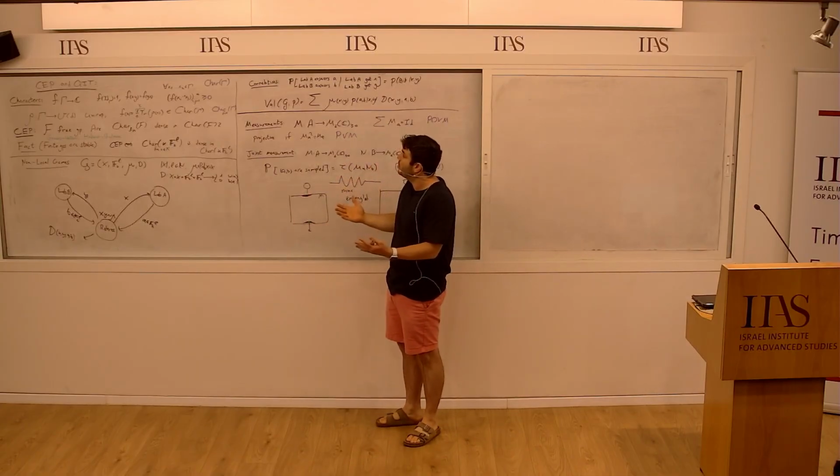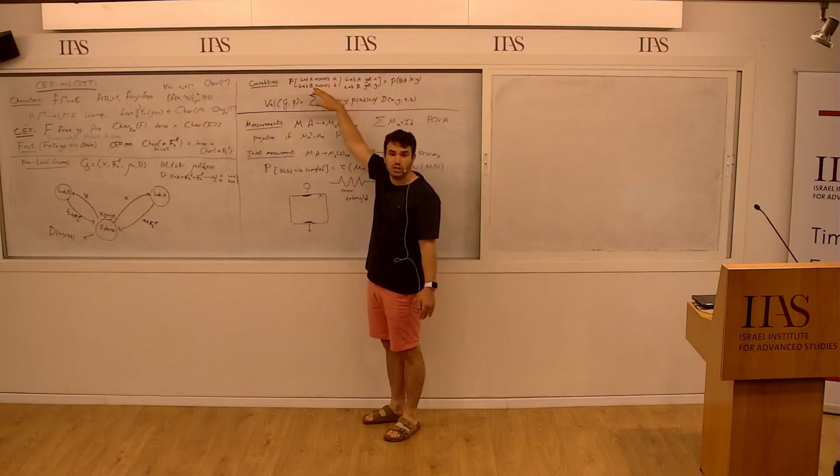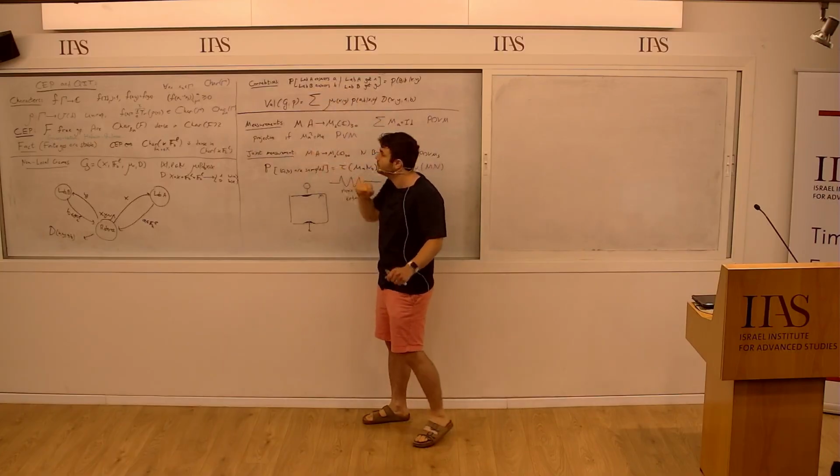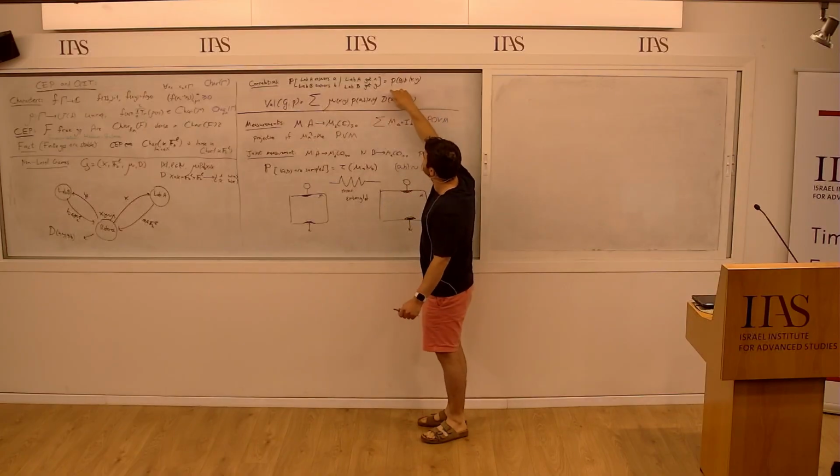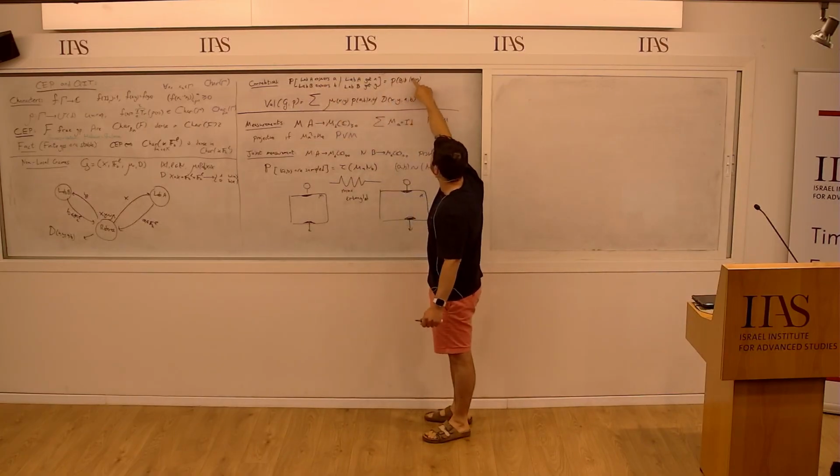The behavior of the labs can be described by these conditional distributions. That's the only thing that we see out of the experiment, essentially. Let's just denote this as P of AB given XY. And this is called the correlation.